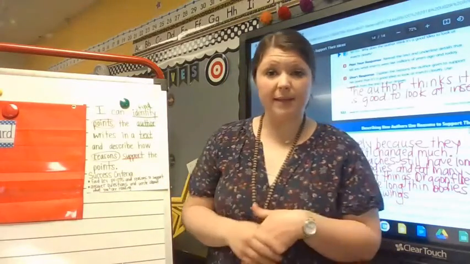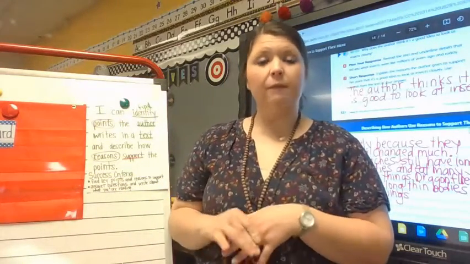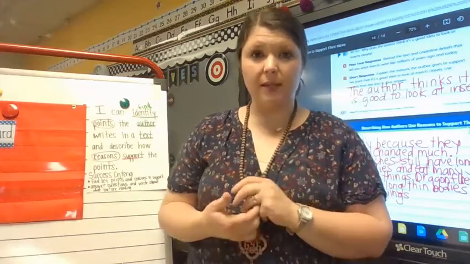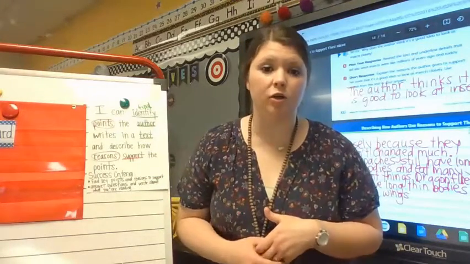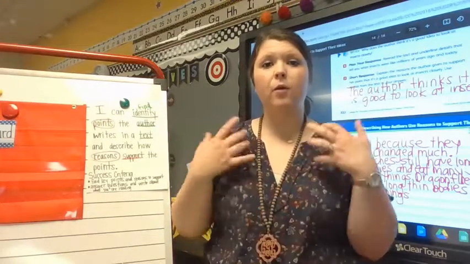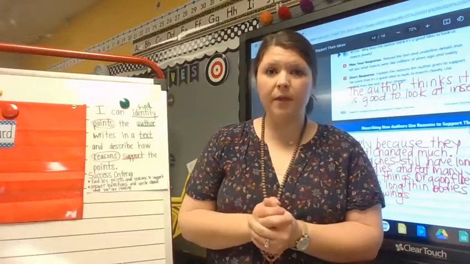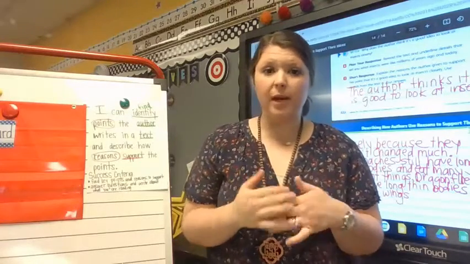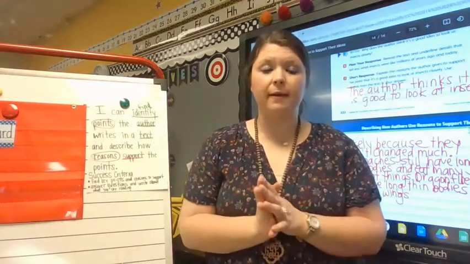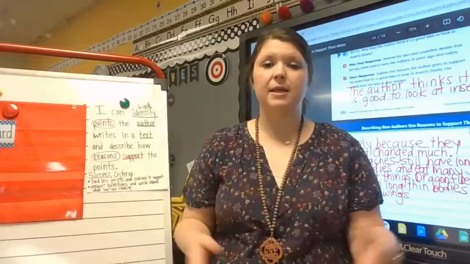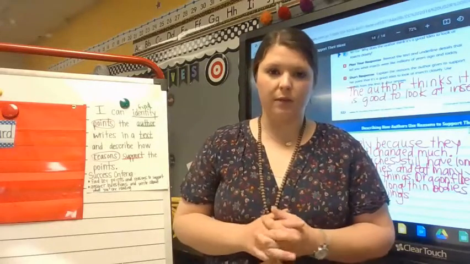Were you able to do that today? If you were able to do those 2 things, then you have successfully met our learning target. If there was a part that we still needed more practice on, that's okay. As we're reading, we need to make sure that we are finding those key points and thinking about the things that let us know more about those key points, okay?